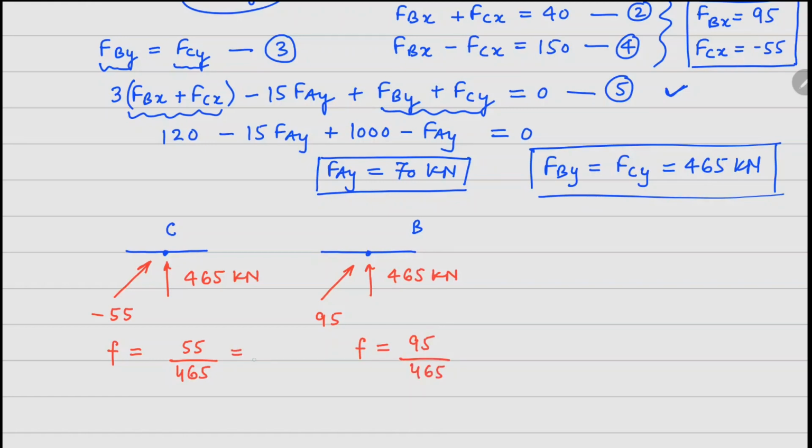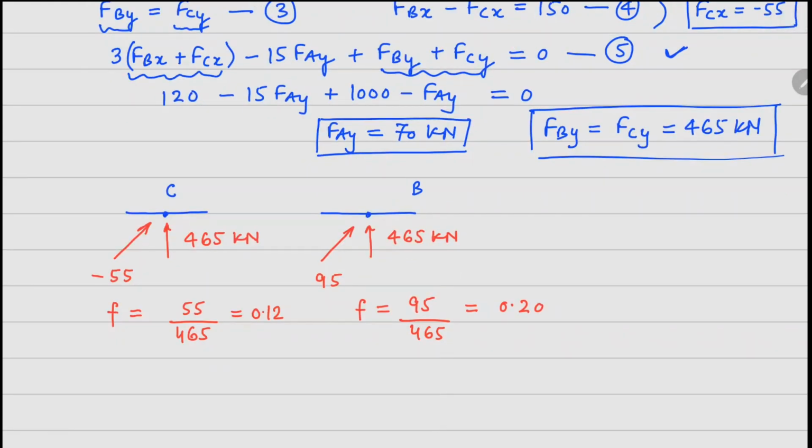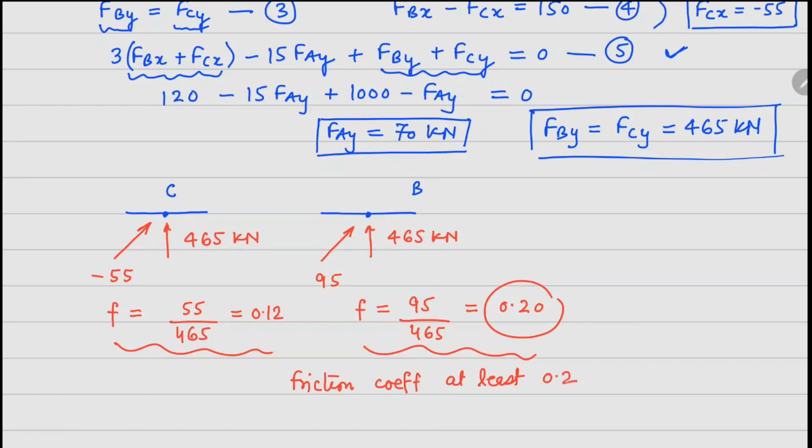So this comes out to be 0.12 and this one is 0.20. Now to avoid any slipping happening there, both of these should be satisfied. So we need to pick up the bigger value of friction. So your friction coefficient should be at least 0.2 in this case.